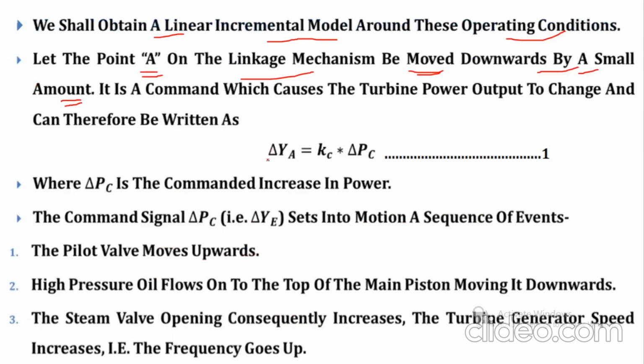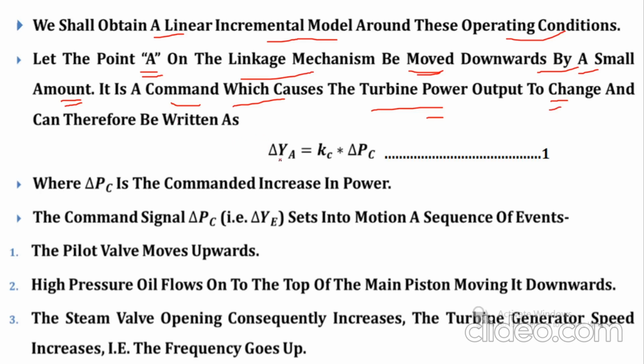So with this we can say that if we move point A downward, then a command goes to the turbine power output to change the power, or we can say to change the steam flow.